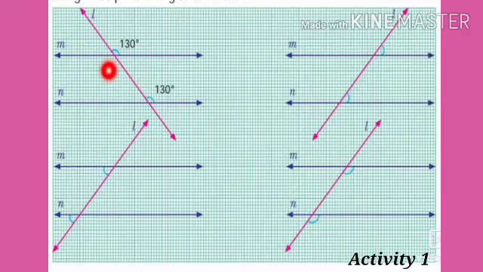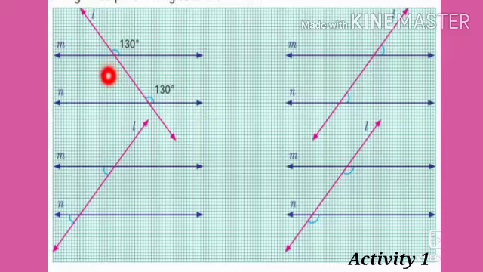As we know, vertically opposite angles are equal in measure. So observe, these two lines make the vertically opposite angles. If this is 130 degree, then this angle also measures 130 degree, because vertically opposite angles are equal in measure.